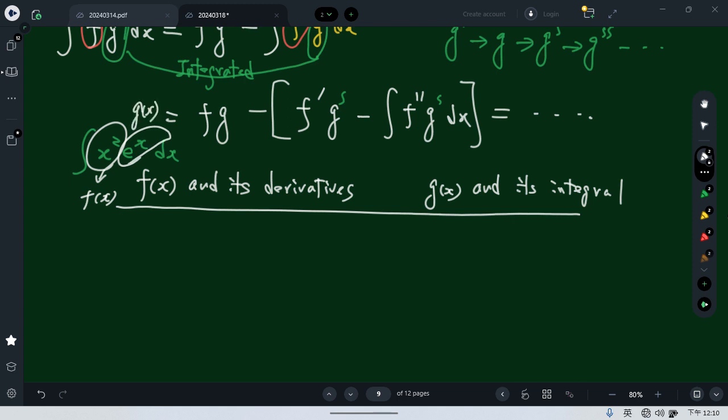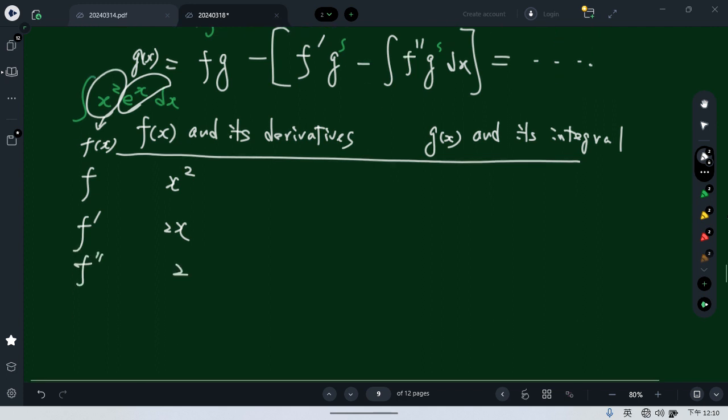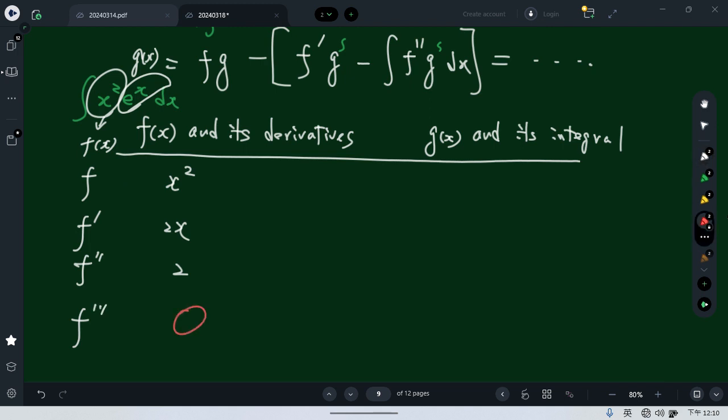So we find x squared is f, then f prime will be 2x, f double prime will be 2, then f triple prime will become 0, right? But for g of x, the original g prime of x is e to the power of x.